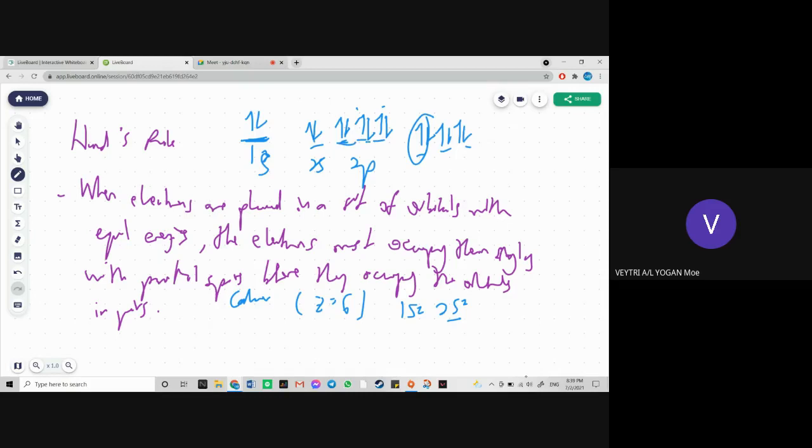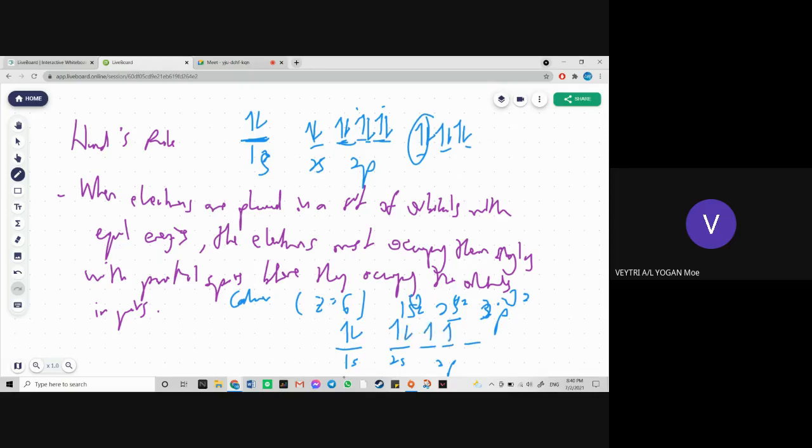For p there are 3, for d there are 5. So 1s2, 2s2, 2p2. So 2, 4, 6. 6 electrons. Now, let's draw them. 1s, 2s, 2p. So it'll be 1, 2, 1, 2, 1, 2. That is how you're supposed to draw it.